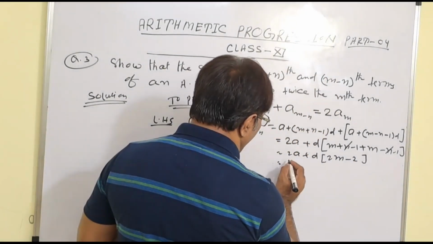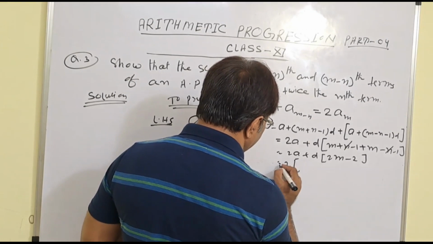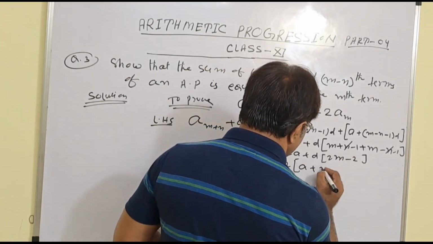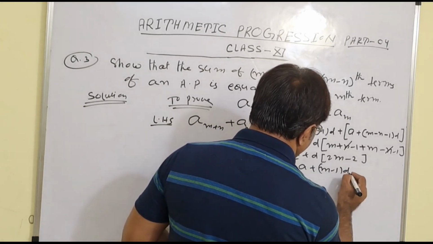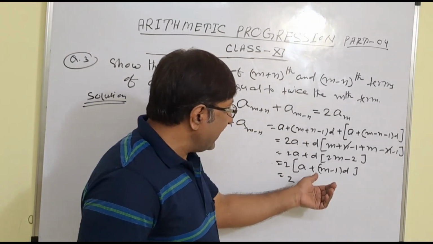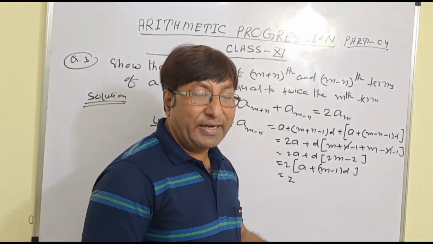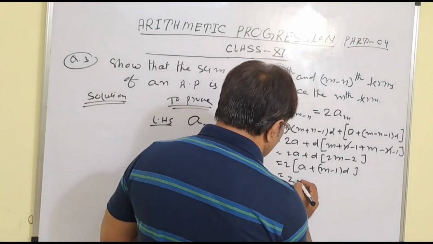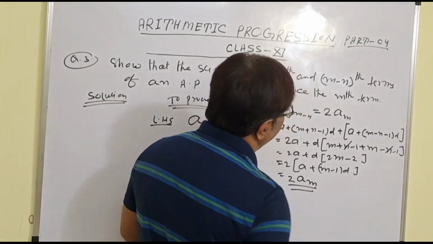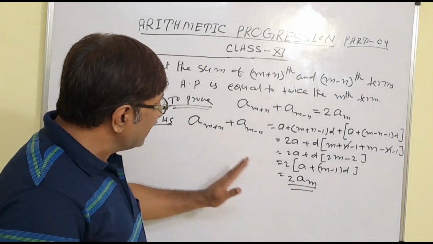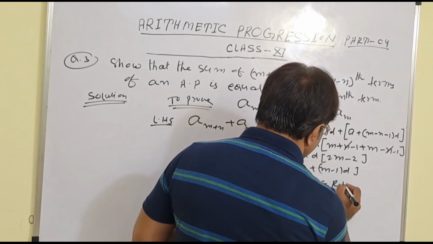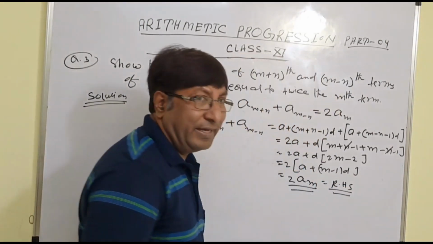So we can take common 2. So 2 is here, and we get A plus m minus 1 into D. So you know that this is 2 times, and A plus m minus 1 into D is a m. So we can write 2 into a m, that is twice the mth term. So we have proved that LHS equals RHS. This is a very easy method, we can solve it very easily.